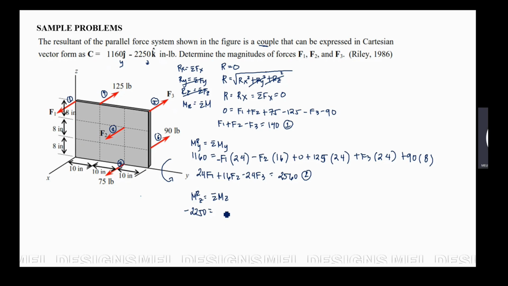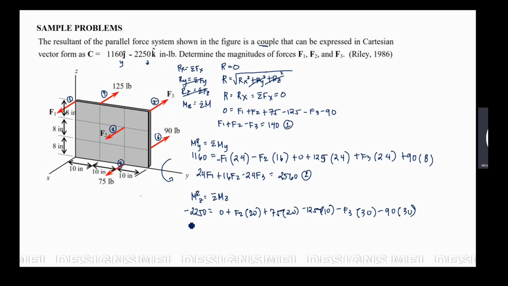So F1 will be equal to 0, no? 0. Tapos F2 plus F2 multiplied by 20 plus 75 multiplied by 20 minus 125 of 10, okay? Minus F3 of 30 minus 90 of 30.